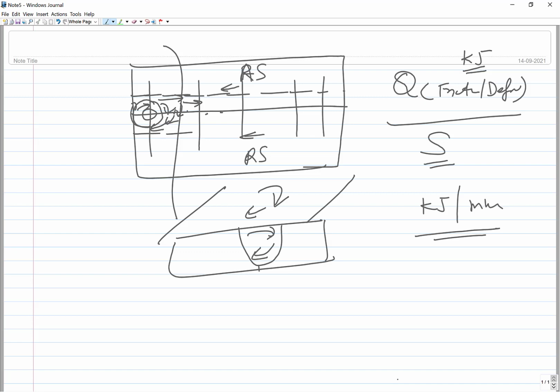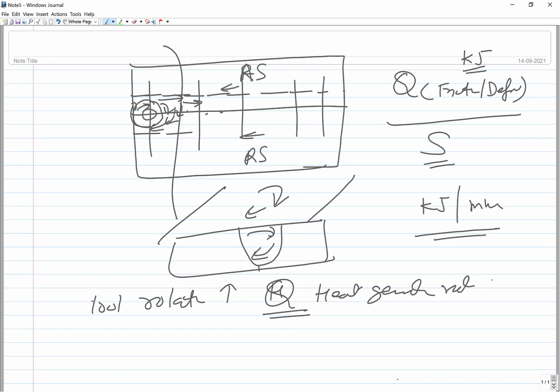Okay, so in general, if your tool rotation is high, certainly your heat generation rate is high. So for a given traverse speed, increasing the rotational speed will simply increase the rise in temperature or the net heat input which is being given.